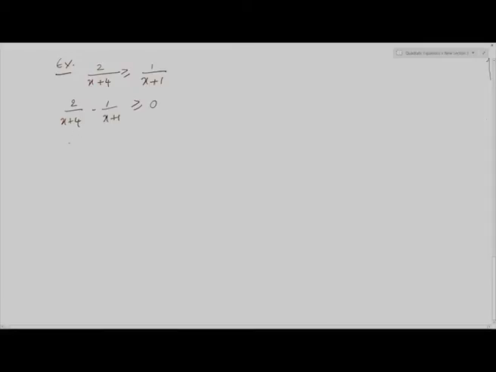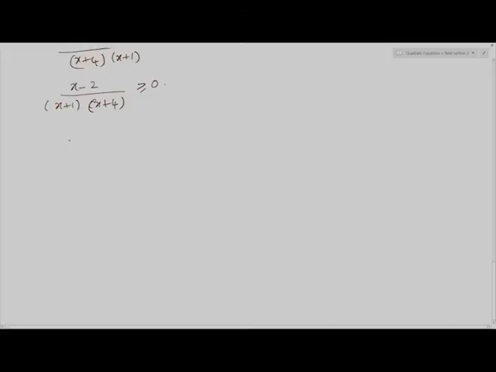Now, by taking the LCM and simplifying, we get [2(x + 1) - (x + 4)]/[(x + 4)(x + 1)] ≥ 0, and on simplifying we get x - 2 in the numerator, and the denominator is the factors x + 1 and x + 4, and this should be greater than or equal to 0. So, solving this inequality is the same as solving the earlier one.